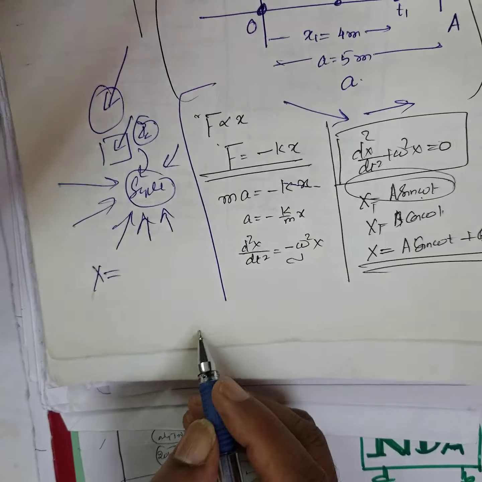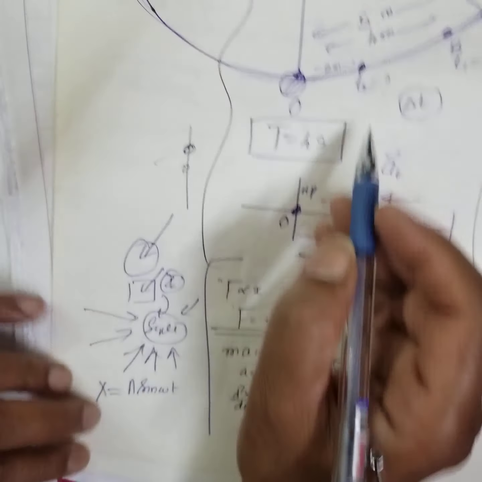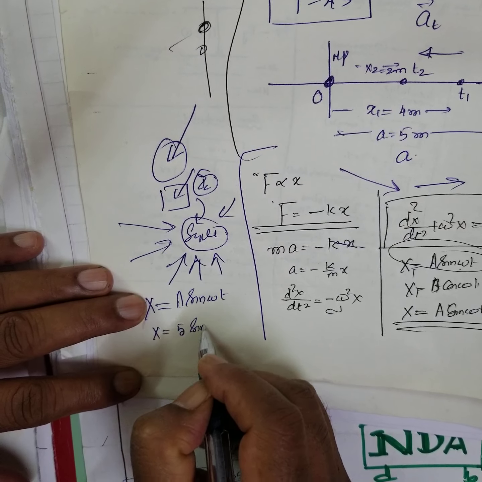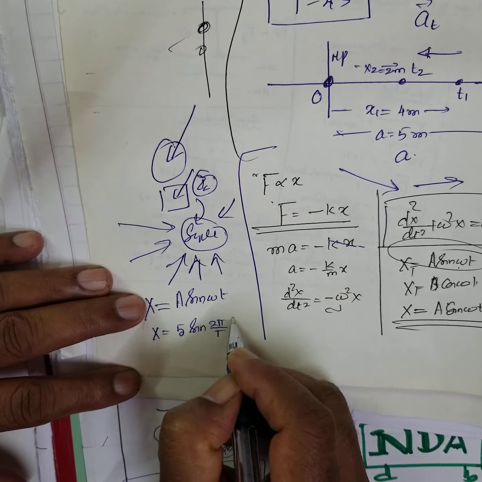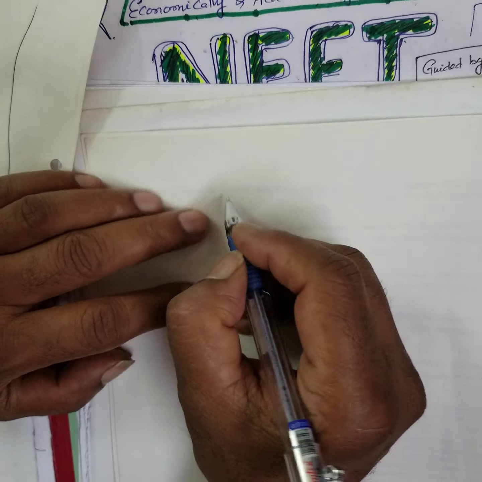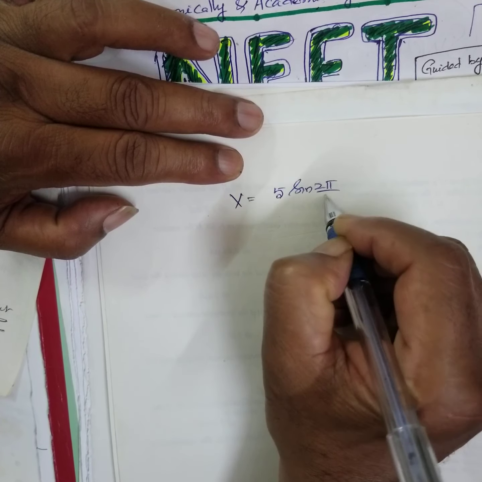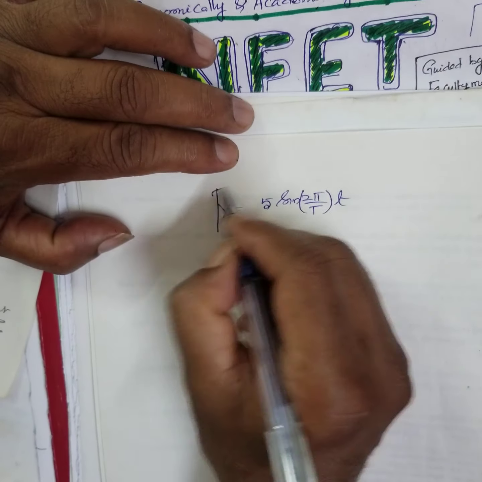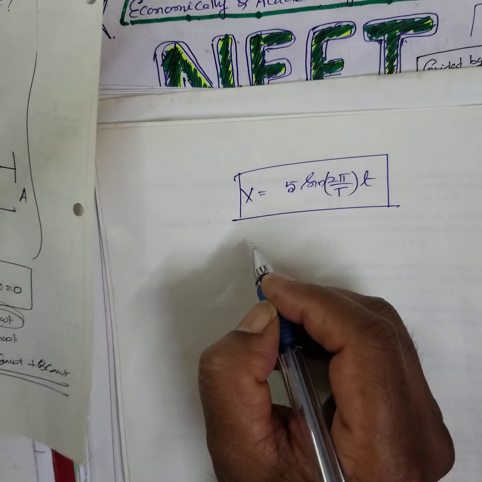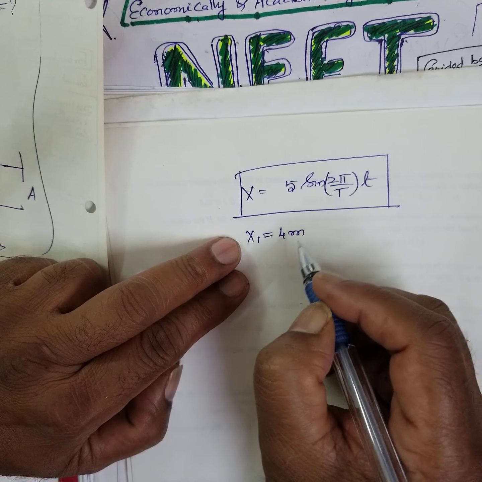Therefore, x is equal to, what I do is, A sin omega t I am writing. What is A? Here the amplitude, what I got? 5. Therefore, x is equal to 5 sin omega t. Omega t is what? 2 pi by T into t, correct? This is the equation I got. Now, what is the period?